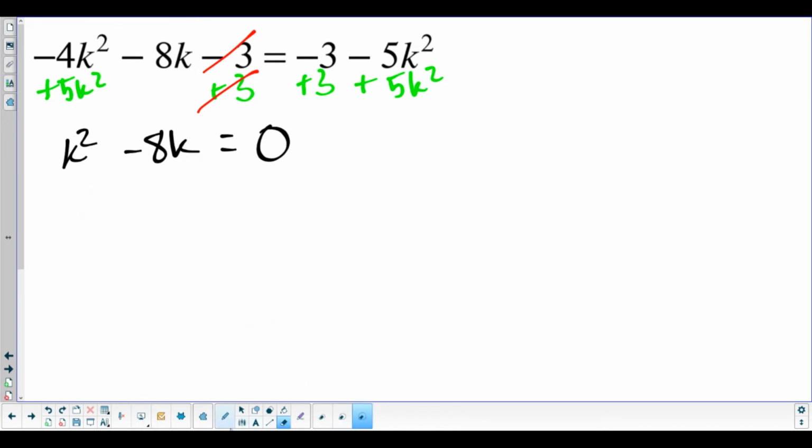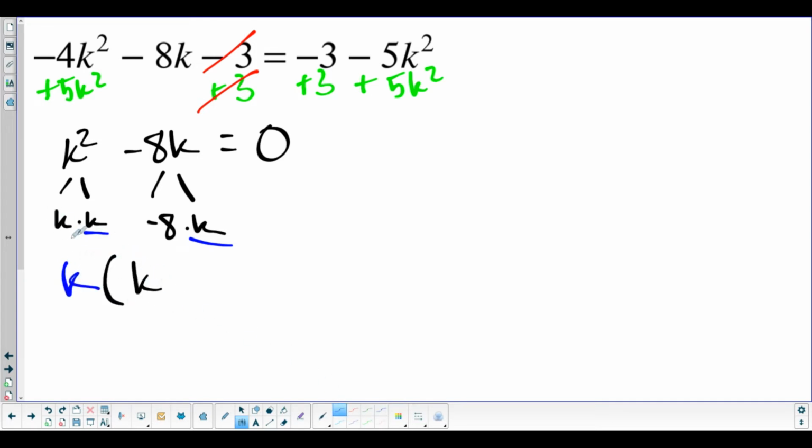I can take a k out of both of these because there's a k squared. This is basically k times k. This is -8 times k. There's something in common, the times k, which means I can pull it out of a parentheses and I'm left with just what I multiplied by. K times (k minus 8) is equal to 0.